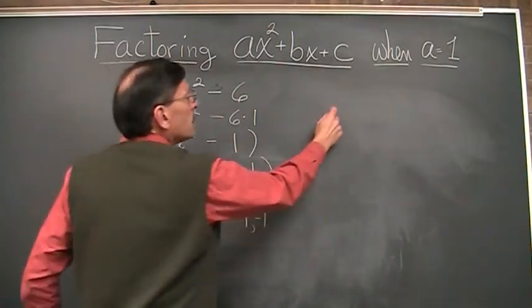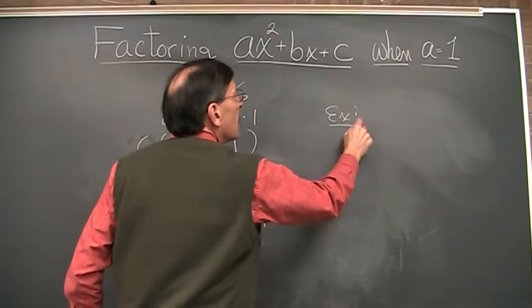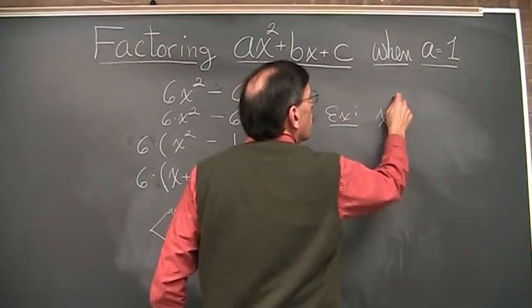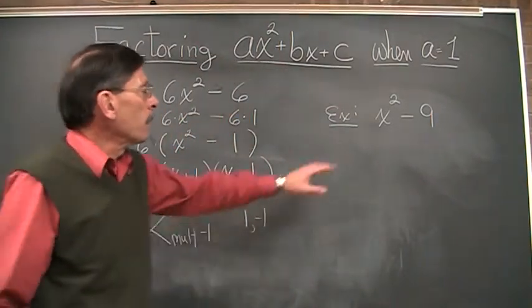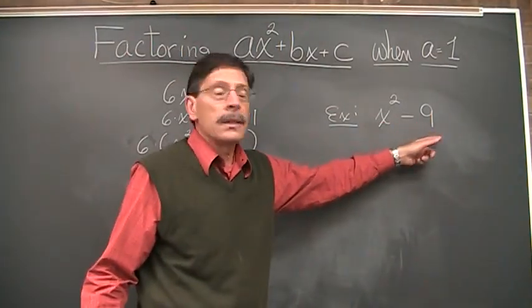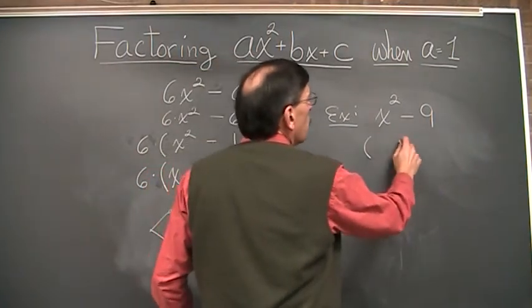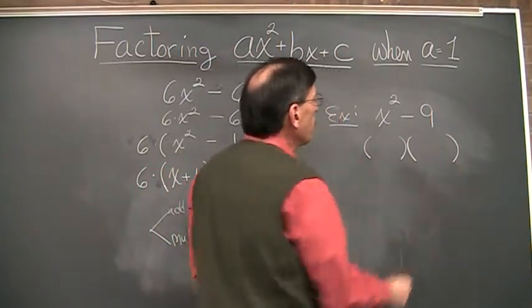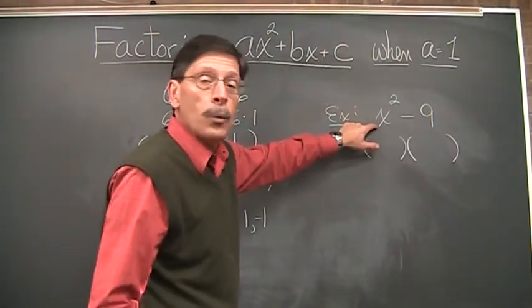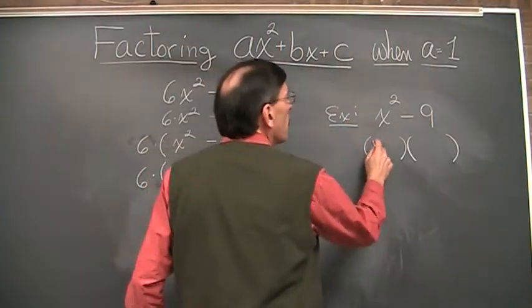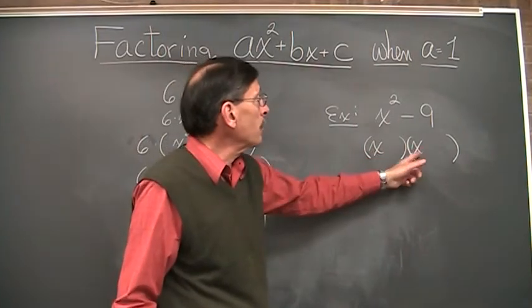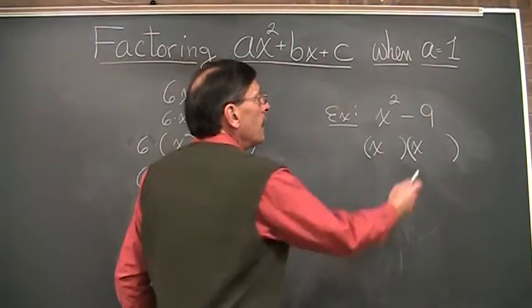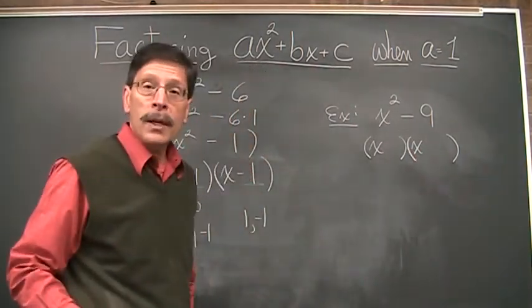Now, to give you a second example of this, suppose we have x squared minus 9. This is a difference of two perfect squares. I'm going to draw a double set of parentheses. The first perfect square is x squared. So I write x in the first position, x in the second position. X times x gives me x squared. 9 is a perfect square. 3 times 3.